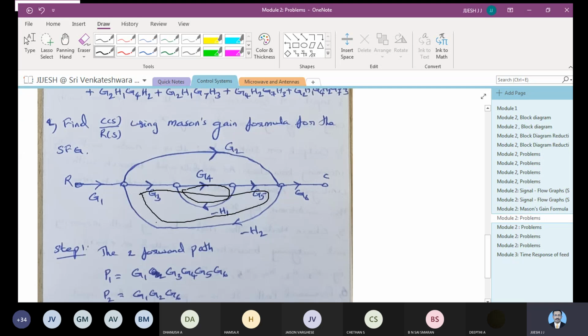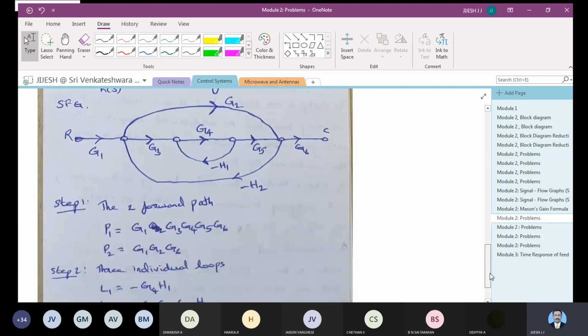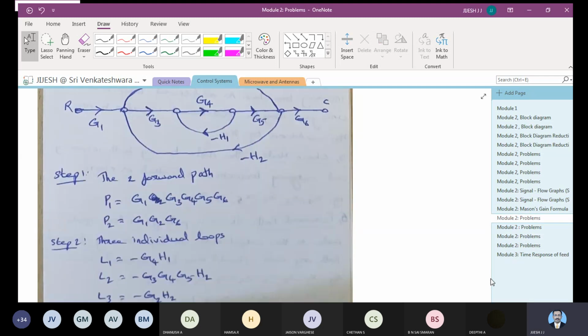See the way I am going with the arrow mark. If I go here with this arrow mark and reach here, I cannot go in this route. It's like a one-way road, imagine. All the vehicles are coming from this side, so you should take this path only. It becomes easy for you to understand. So three loops are possible: L1, L2 and L3.